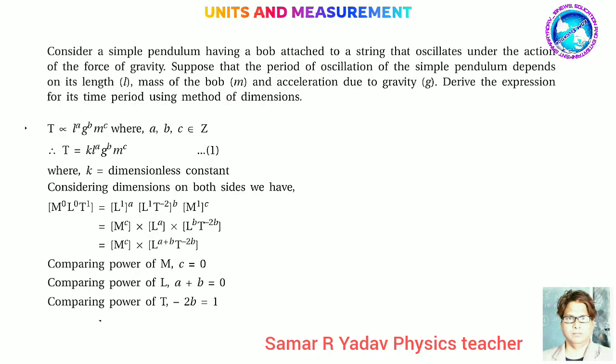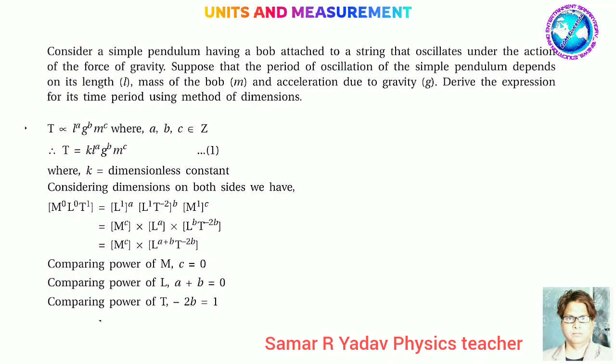T is proportional to L^a g^b m^c, where a, b, c belong to Z. Therefore, T = k L^a g^b m^c, equation 1, where k is a dimensionless constant.